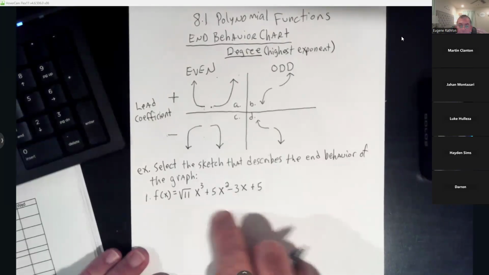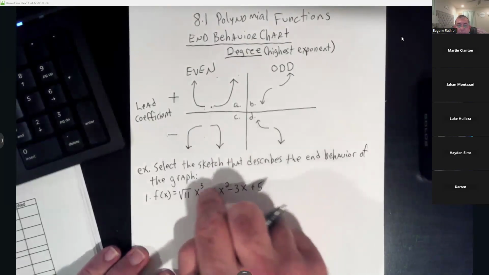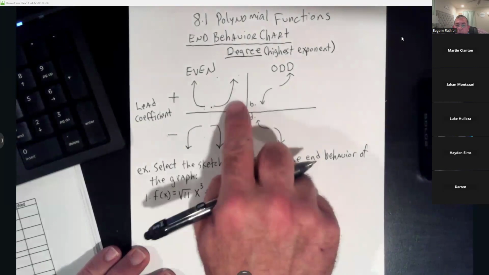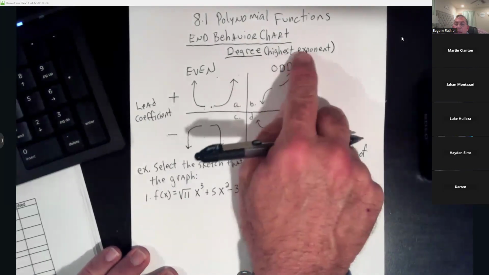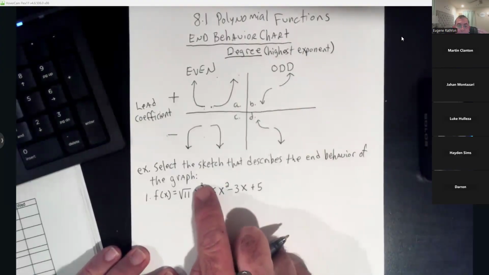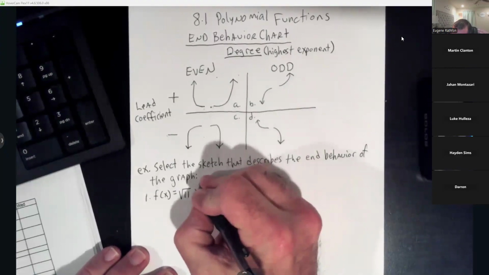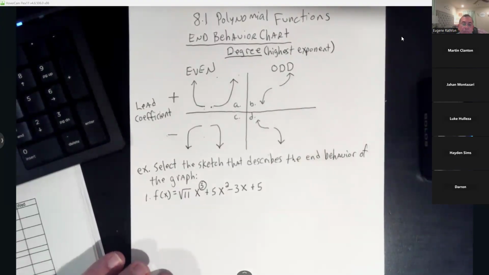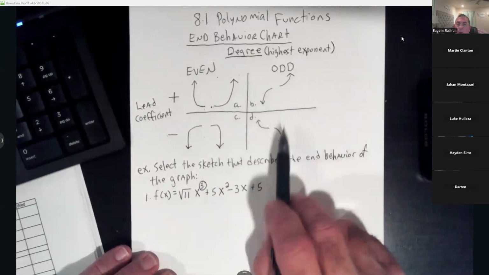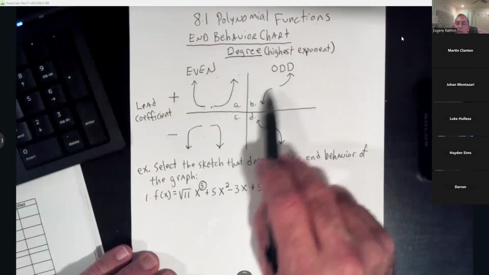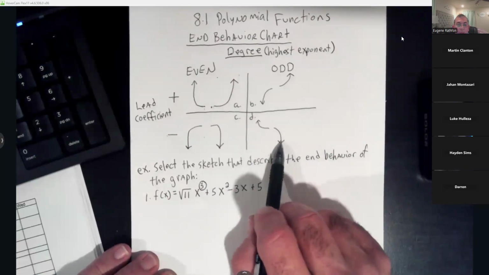So y'all, I'm going to get the ball rolling on this one and show you what I'm looking at in order to choose one of my four diagrams. So I said the degree was the highest exponent. The highest exponent here is a 3. So since 3 is odd, it's going to be one of these two choices, uphill or downhill.